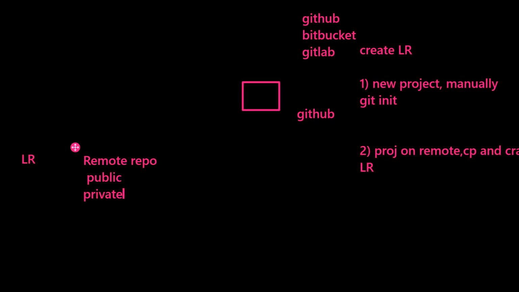Don't confuse this private with local. Either it is public or private, it's irrelevant to us. It works the same way how a local repo works. Public is anyone in the world can download and see the code. Private means only certain people will have access. That is the difference. That's it.